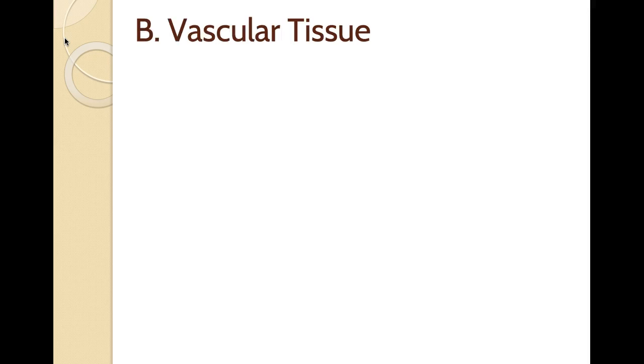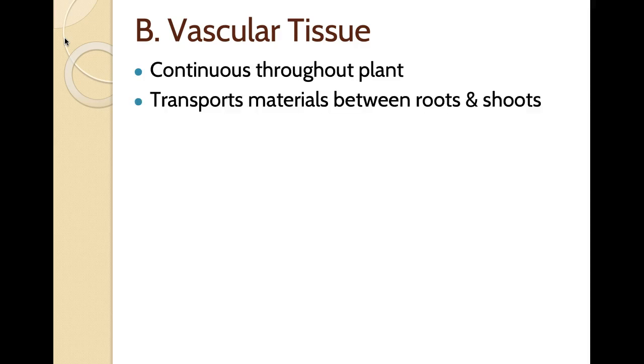The next type of tissue is called the vascular tissue. And this tissue is continuous throughout the plant, and the main function is to transport materials between the roots and the shoots. So the shoot system would be, again, where photosynthesis is taking place.